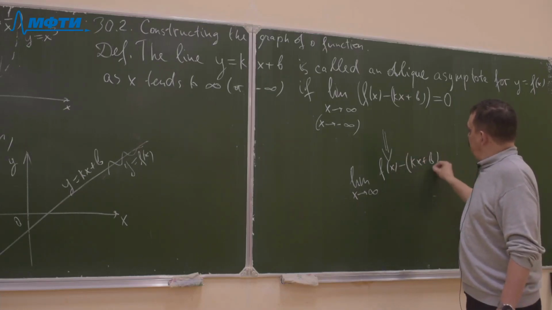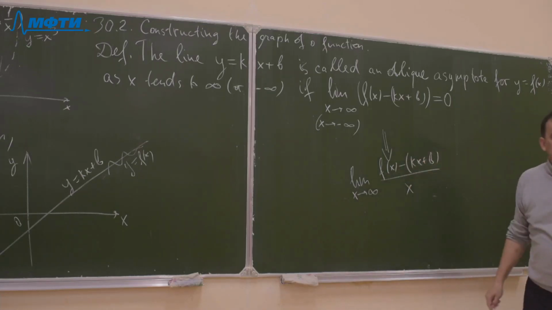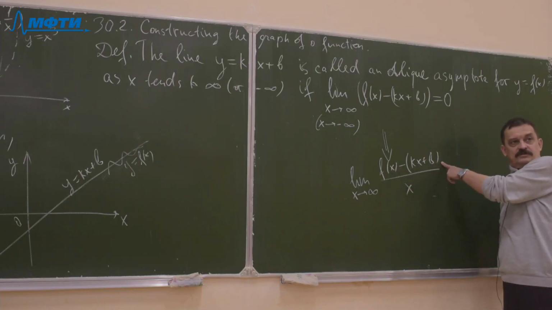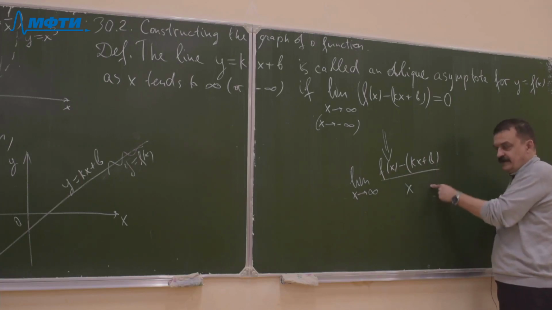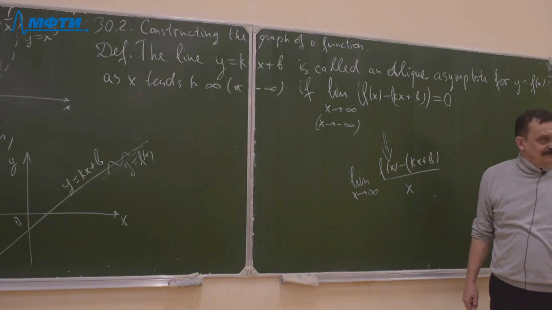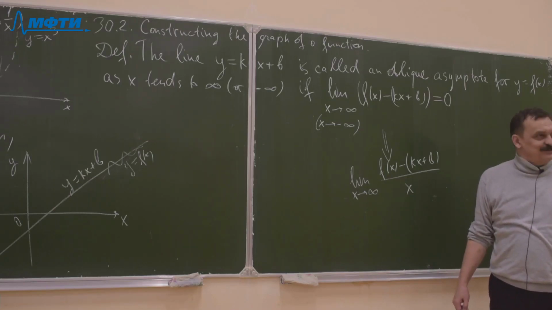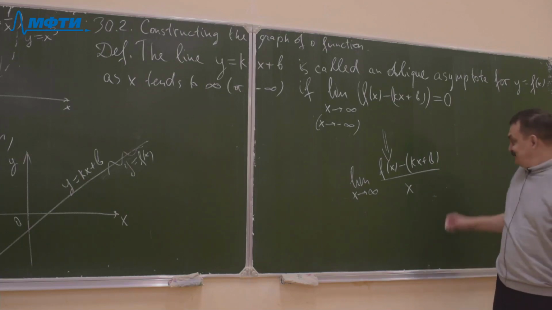What can we say about this limit? What is the value? Look, this tends to 0, right? And 1 over x tends to 0 as x tends to infinity. 0 times 0 is 0, right?